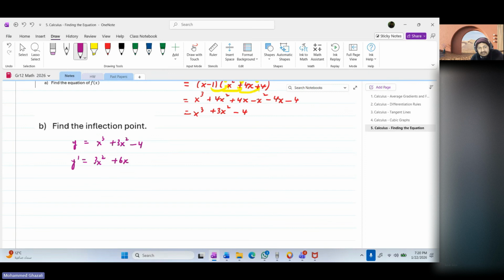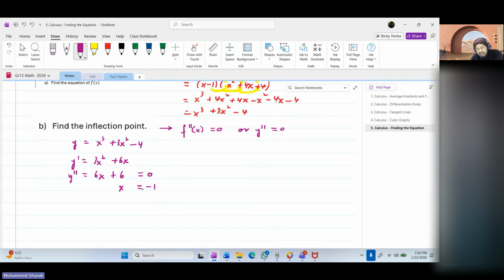But we don't want the first derivative. Inflection point means f double prime x is equal to 0, or y double prime is equal to 0. So we're finding y double prime, right? So 2 times 3 is 6x, plus 6; the derivative of this linear part is the gradient, which is 6, is equal to 0. We set this equal to 0, so we're getting x is equal to -1.